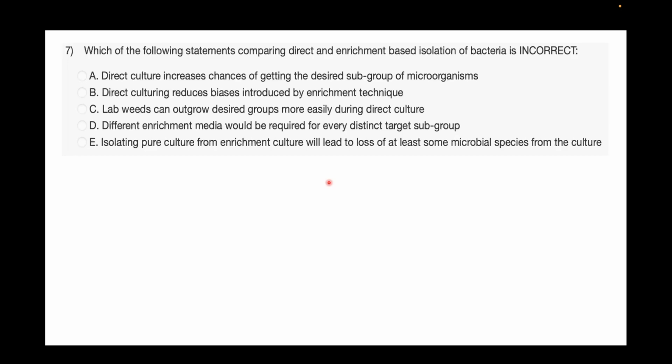Option C, lab weeds can outgrow desired groups more easily during direct culture. Option D, different enrichment media would be required for every distinct target subgroup. Option E, isolating pure culture from enrichment culture will lead to loss of at least some microbial species from the culture.